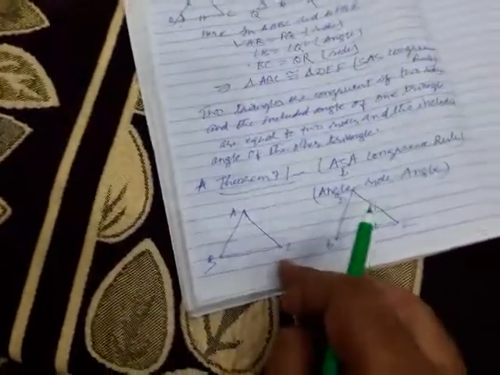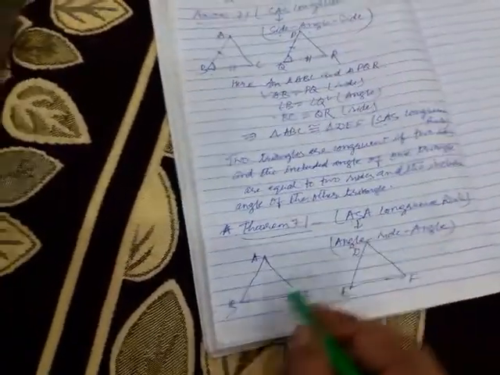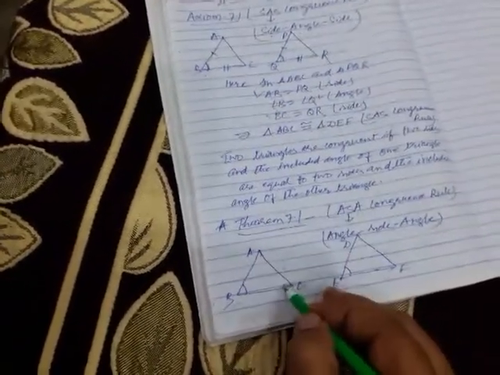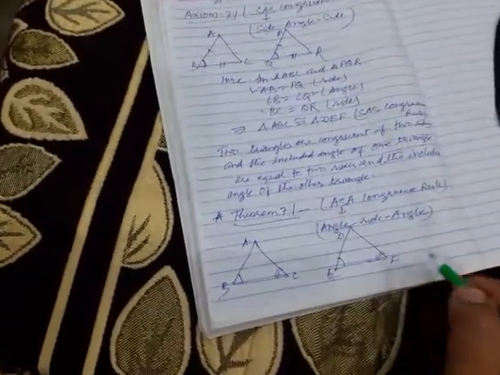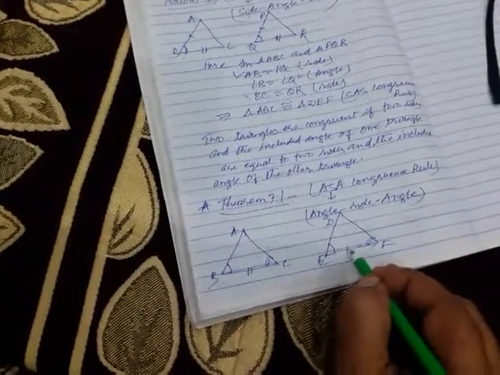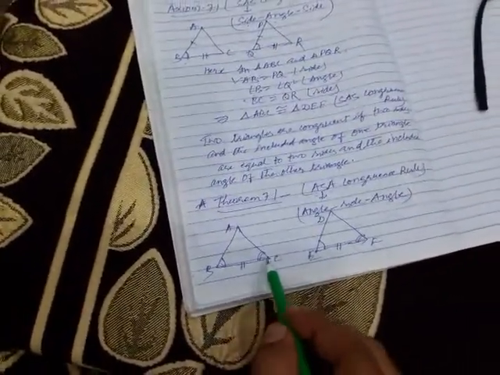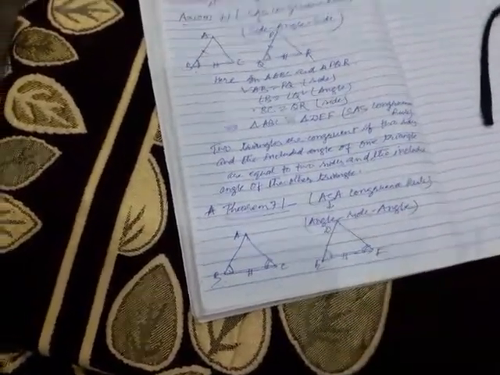In triangle ABC and triangle DEF, according to ASA, this angle is equal to this angle and this angle is equal to this angle. Clear? Equality has been shown with the similar marking, and this side BC equal to EF. Clear? Then what do we say? Angle, side, angle, that is ASA. Clear?